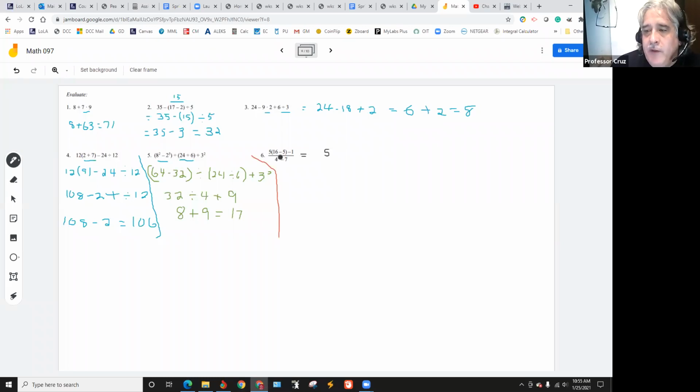So the parentheses have to be done first. 16 minus 5 is 11, right? And then we'll go down here and do the exponents. 4 squared is 16 minus 7. The only thing left is multiplication and then addition, subtraction.